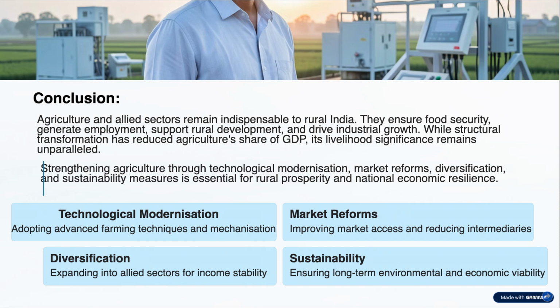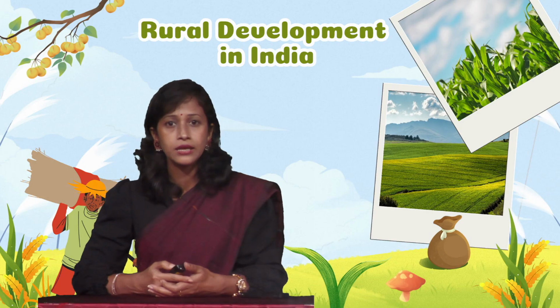They ensure food security, they generate employment, they support rural development, and they also drive industrial growth. While structural transformation has reduced agriculture's share of GDP, its livelihood significance remains unparalleled. Therefore, strengthening agriculture through technological modernization, market reform, diversification, and sustainability measures is essential for rural prosperity and national economic resilience.